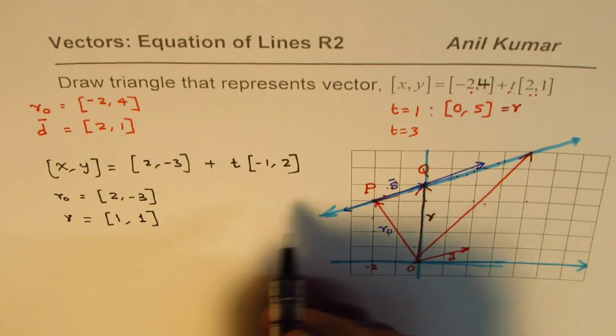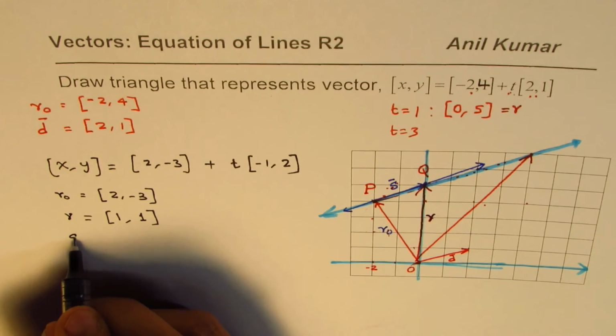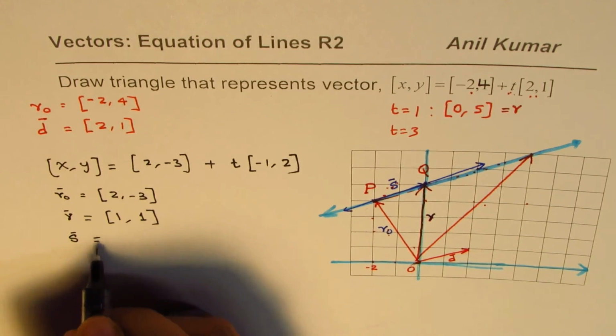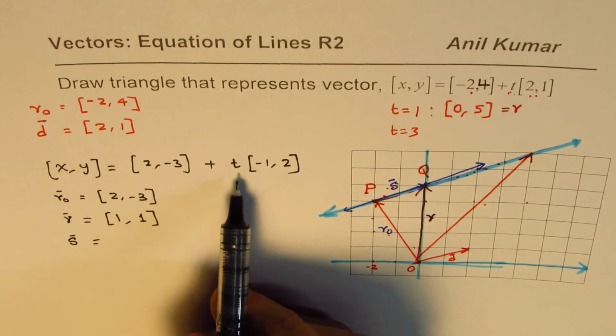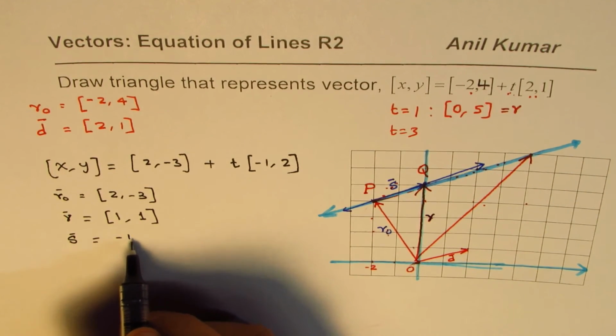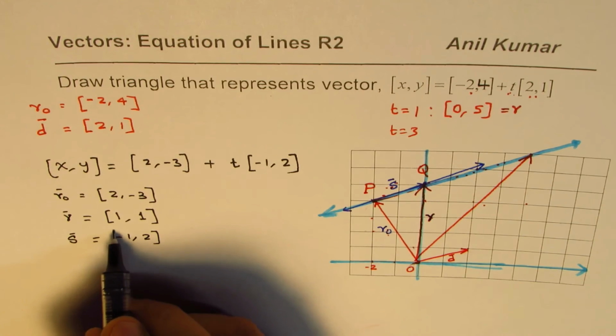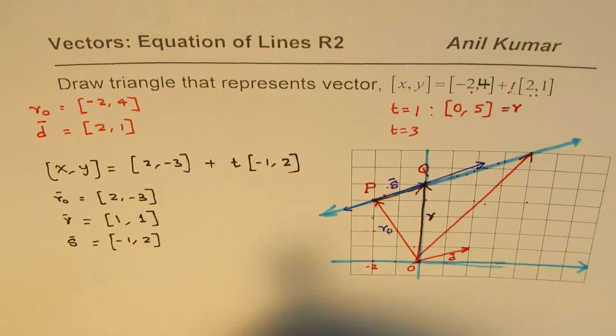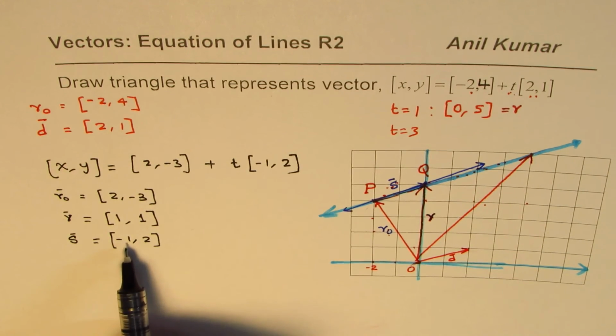And in between the two will be the vector s, which is going to be 1 times this, which is (-1, 2). That will be s, represented by this direction. The direction is different here.